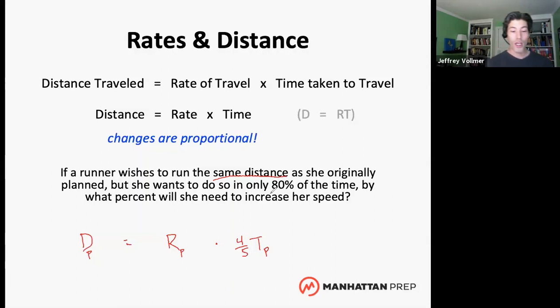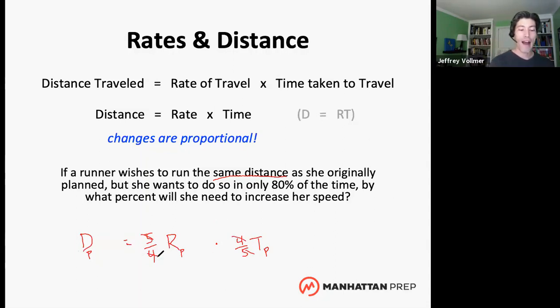And so if you have multiplied the right side by 4/5 and you want to keep the left side the same, that means you also need to multiply the right side by the factor that's going to counter this factor. And so if you multiply the time by 4/5, you're going to have to multiply the rate by 5/4. Those will then cancel out and give you your original distance.